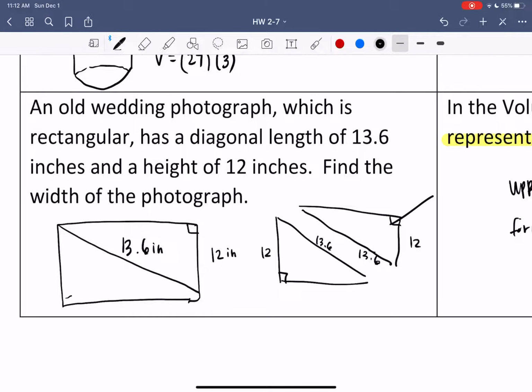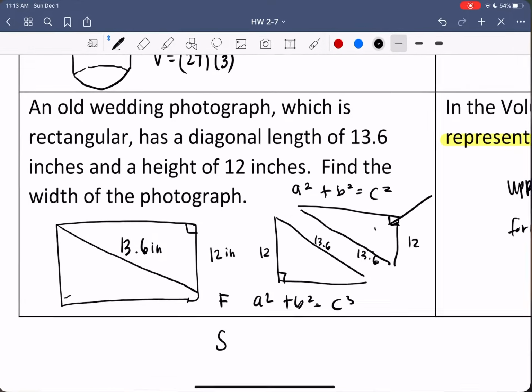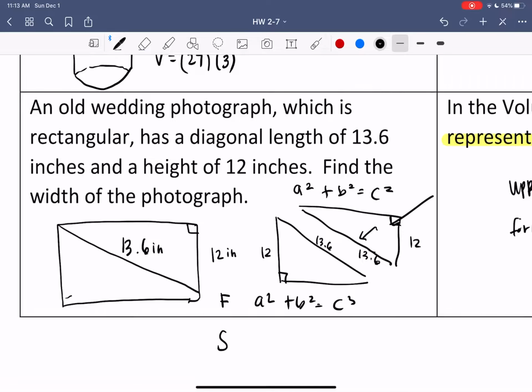So just remembering the formula, which is a squared plus b squared equals c squared. Substitute, remembering which sides of the triangle represent which letter. So remember that this one always points to our hypotenuse, which is the longest, which has to be C.